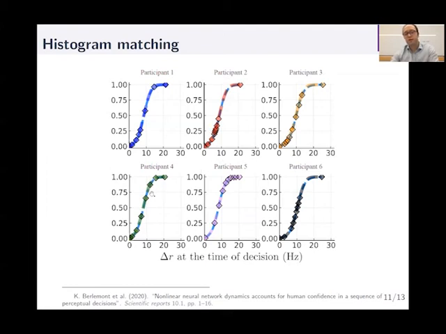The dashed line in light blue for every participant represents a fit by a sigmoid function. So you can see that every participant, despite the specificity of their response time, accuracy, and confidence histogram, the mapping from delta R to the reported confidence is always done using a sigmoid function. So there is some kind of common thing between all the participants, even if they don't have the same confidence histogram.